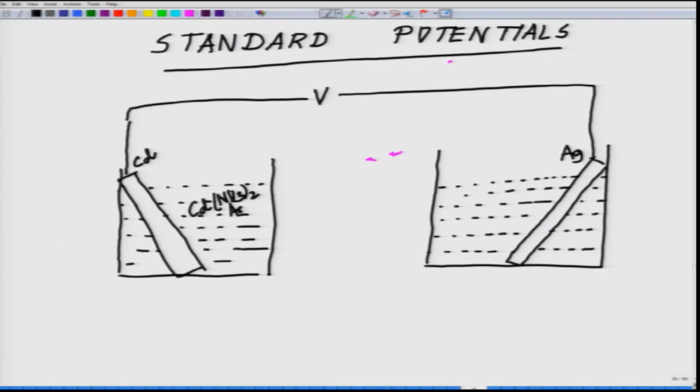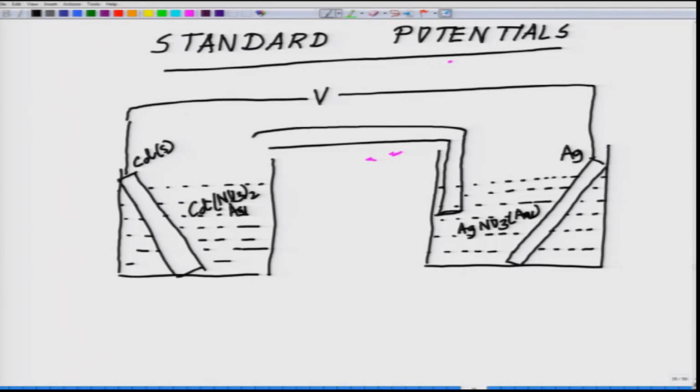You have the cadmium and Cd(NO3)2, which is aqueous, the solid cadmium electrode, the Ag electrode, then AgNO3 in aqueous form, and the salt bridge connecting the two. The salt bridge had KNO3.